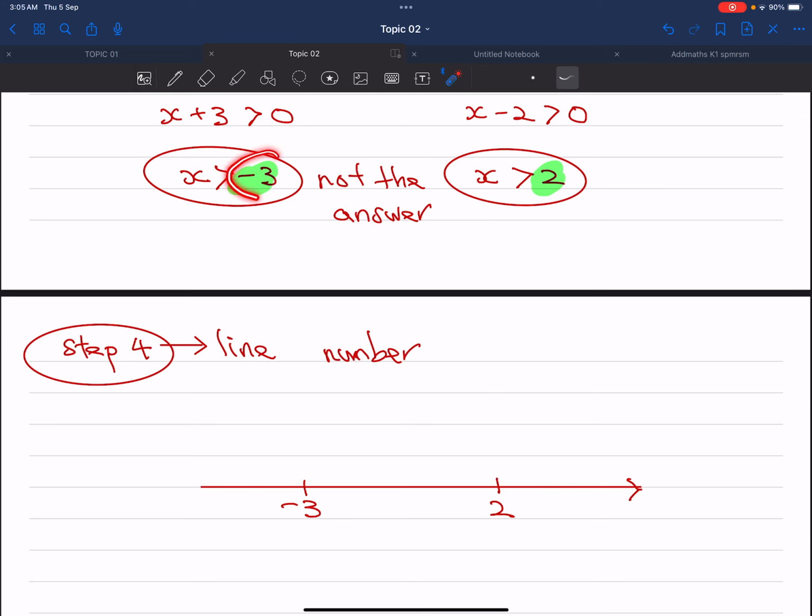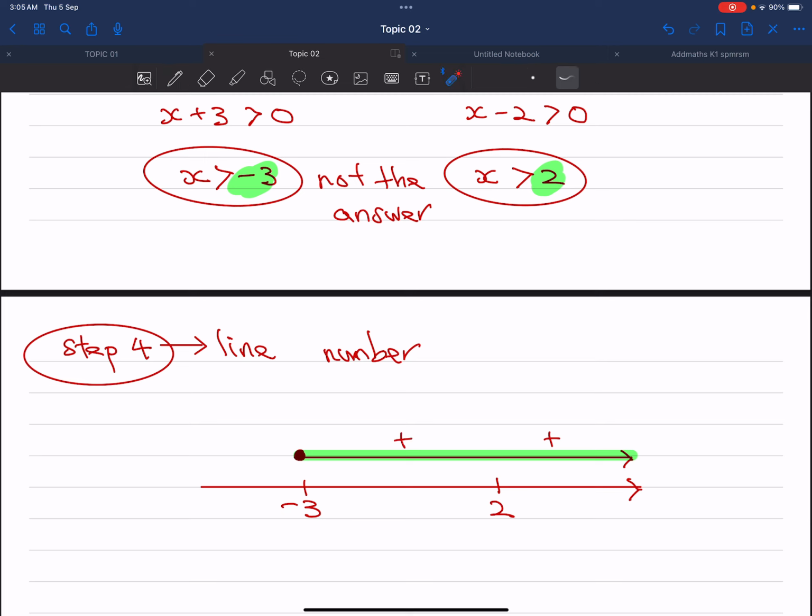So negative 3 would be here. X is more than negative 3, so we go to the right, because right is more than. And whenever you have the arrow, you have to put a positive sign.